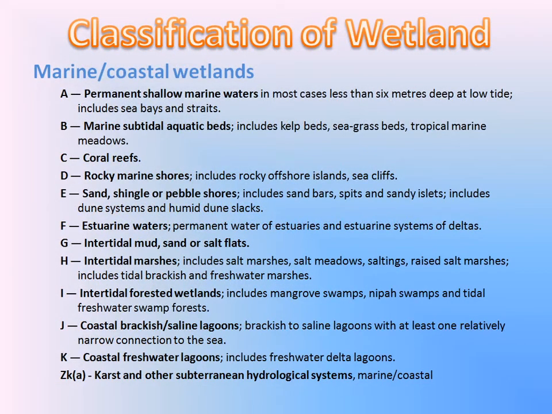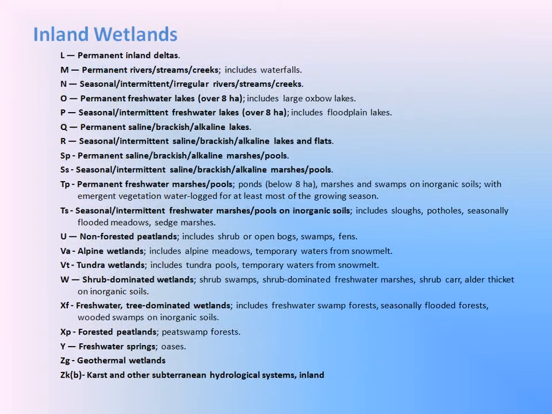Classification of wetlands. Normally wetlands are classified into three types. One is marine or coastal wetland. Examples for marine wetland are coral reef, rock crevice, intertidal marsh, etc. Next, inland wetland.